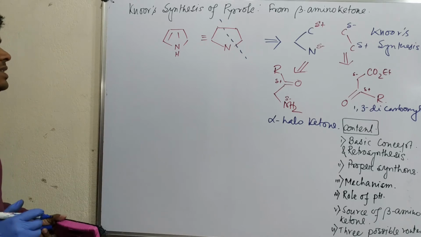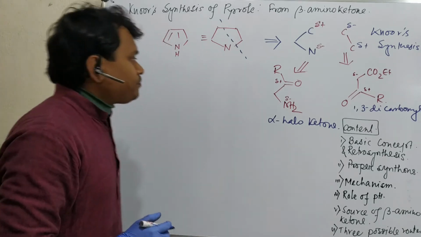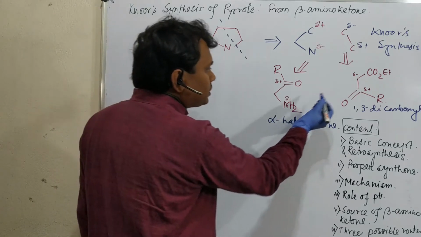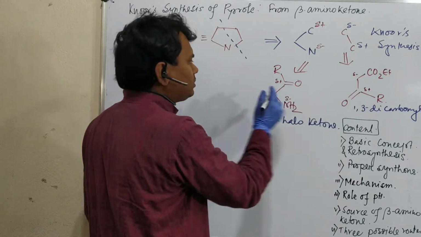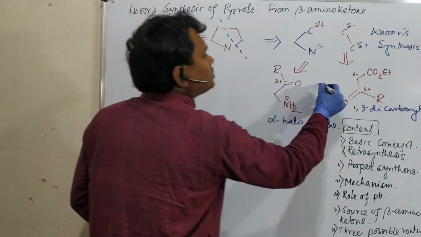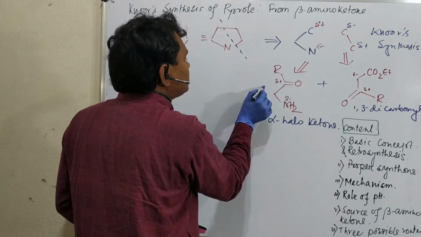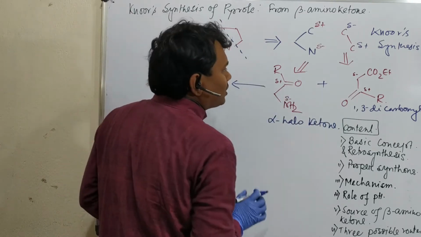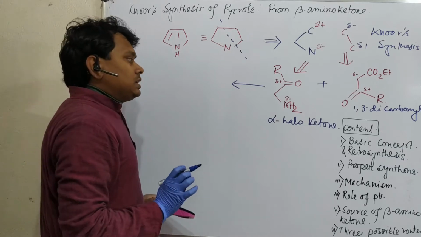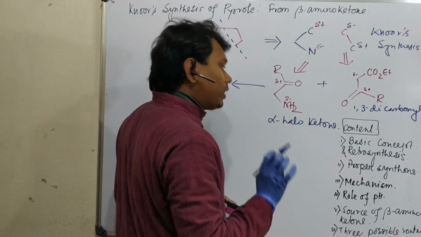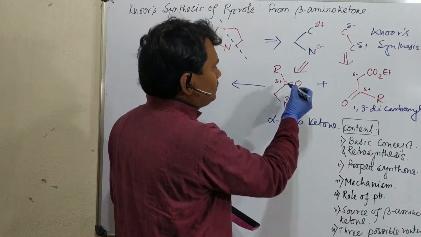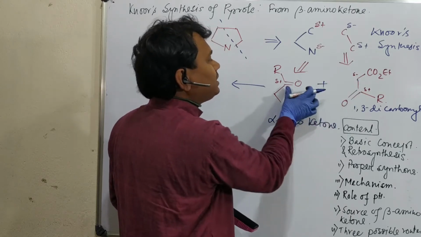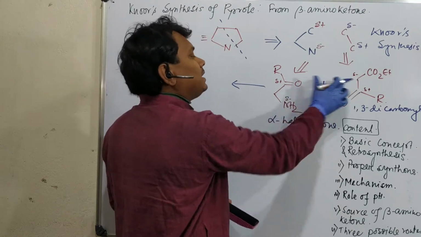Okay. Now let's discuss the mechanism. If you react these two, what is the chance? First, what will happen? If you think there is an active methylene, there is a carbonyl, one part that they can react.